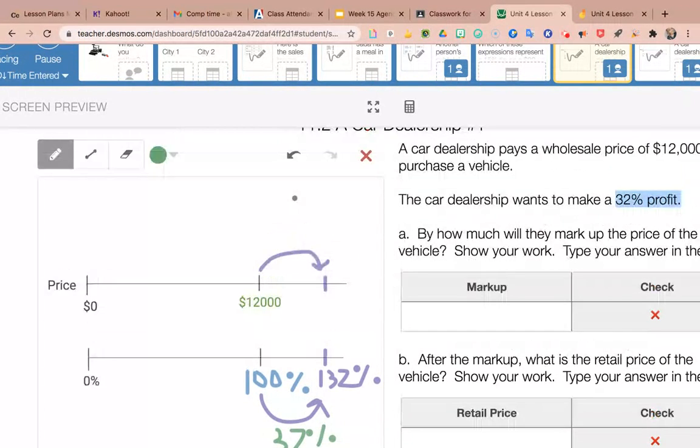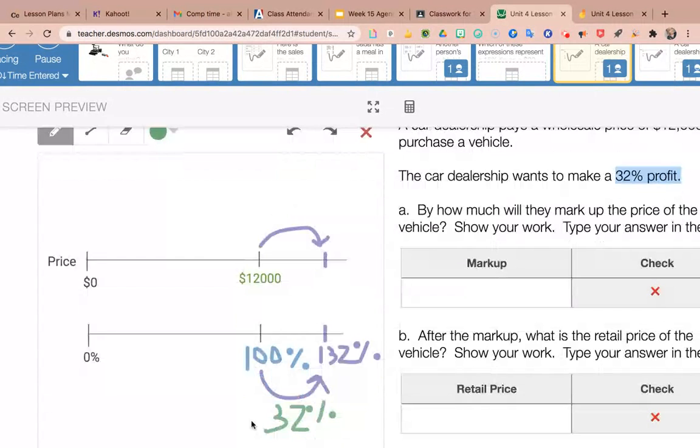So I'm going to multiply my 12,000 by 32% because that percent is my rate. So I'm going up 32%. So I'm going to multiply by 32%. Because whatever I do to one, I do to the other.